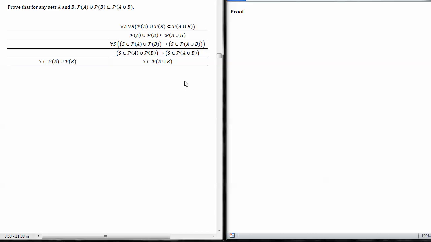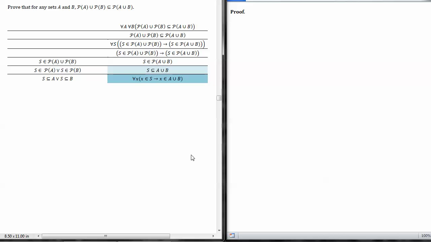and we've got to use some definitions now. S being an element of a union means that it's an element of the first set or the second set. And S being in the power set means that S is a subset of A union B. And then next, S being in these power sets means that it's either a subset of A or a subset of B. And S being a subset of A union B means we use the definition of subset one more time.